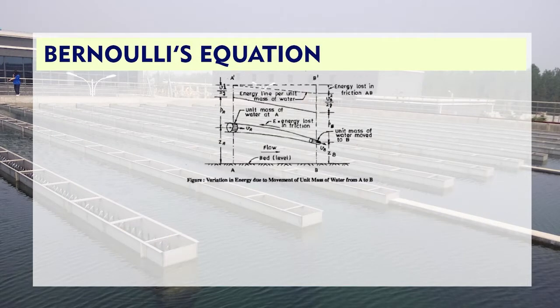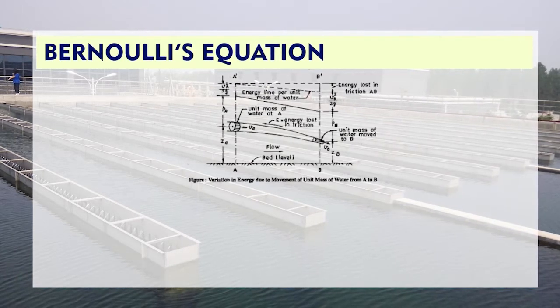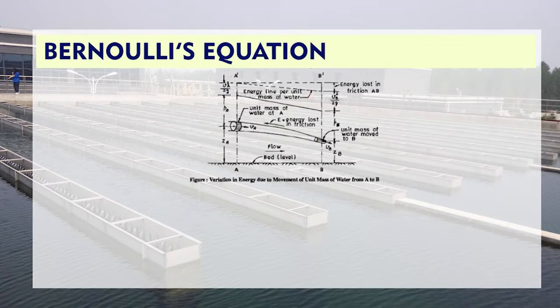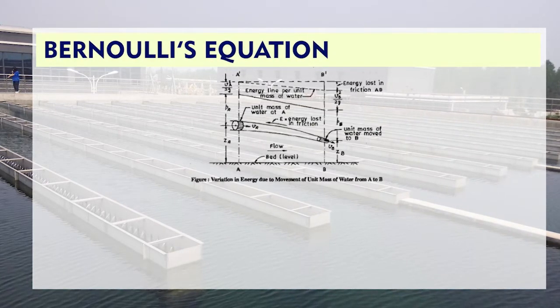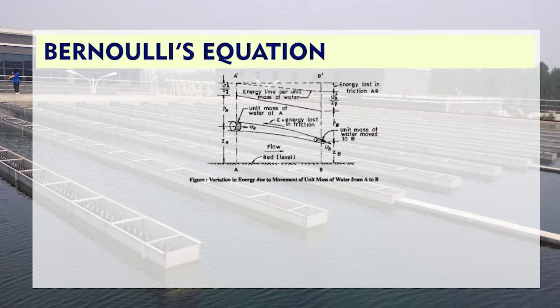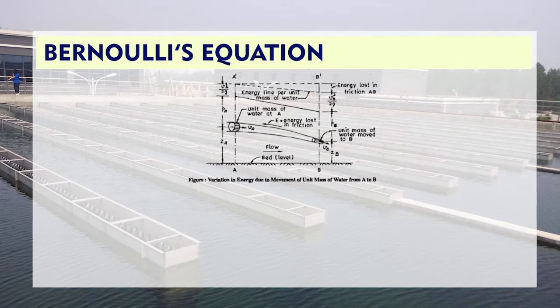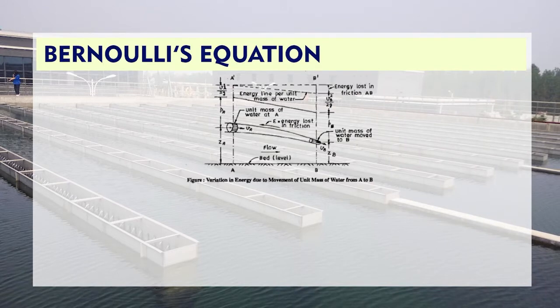We have taken the points A and B. Water is input at point A and output at point B, and all details regarding the kinetic energy, pressure energy and datum energy are shown in that figure. The energy line for per unit mass of the water is also shown in that figure.